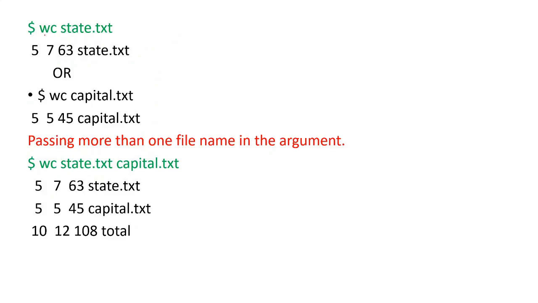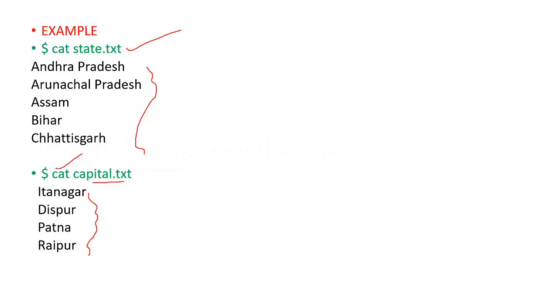If you use WC and the file name, it shows this output. The first column shows the number of lines, and you can check how many lines there are: 1, 2, 3, 4 and 5.